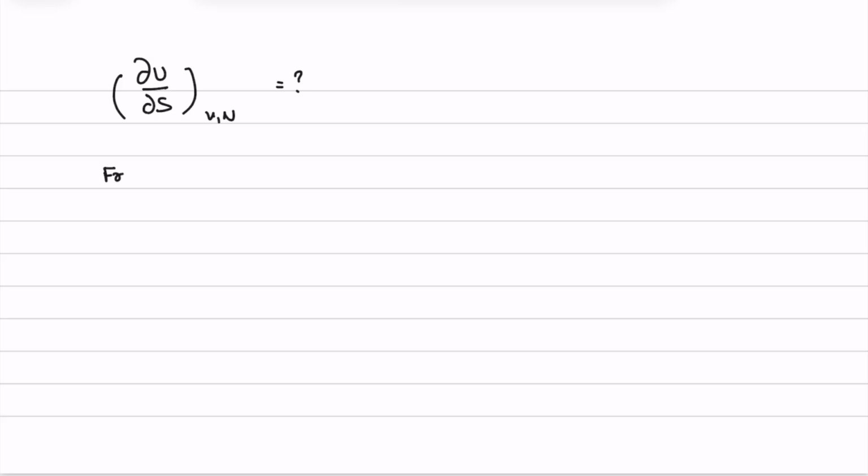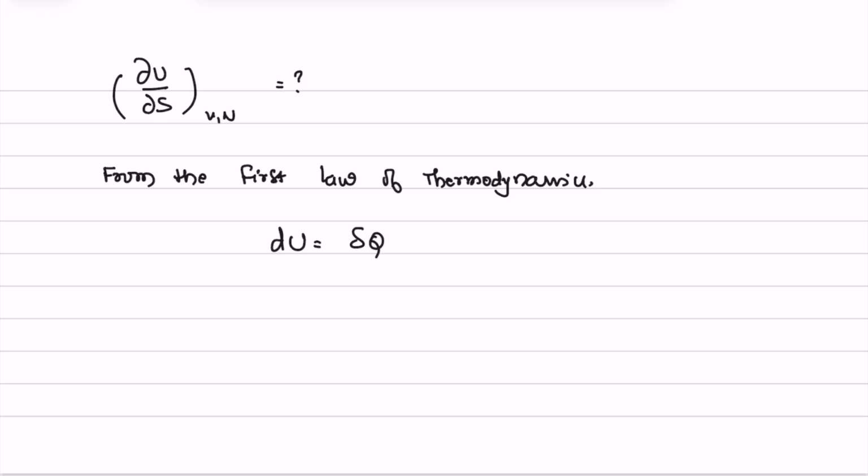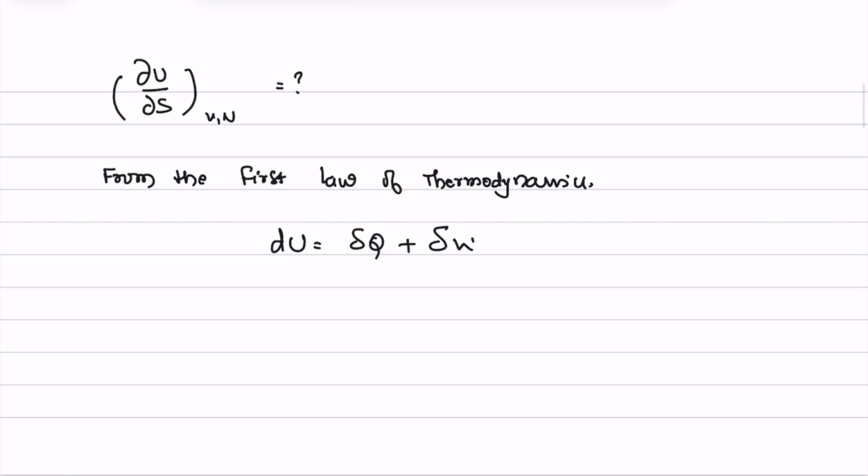From the first law of thermodynamics, what is it? From the first law of thermodynamics, we can say dU is equal to delta Q plus delta W if the process is reversible.